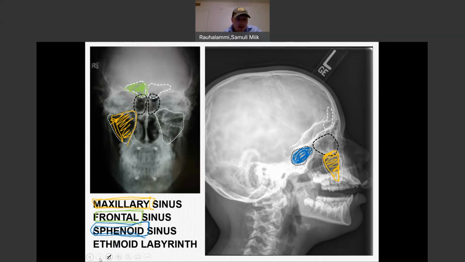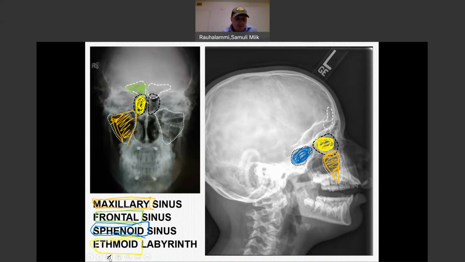And finally, I know that some textbooks, some instructors prefer to talk about the ethmoid sinus. I find that ethmoid labyrinth is probably more descriptive of this structure because we don't just have one sinus, one opening there. It's a bundle of interconnected networks. So I think the labyrinth describes the character of this structure quite nicely.